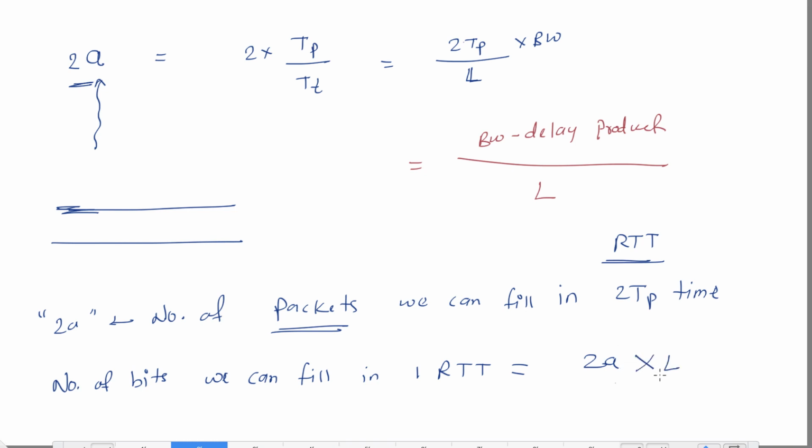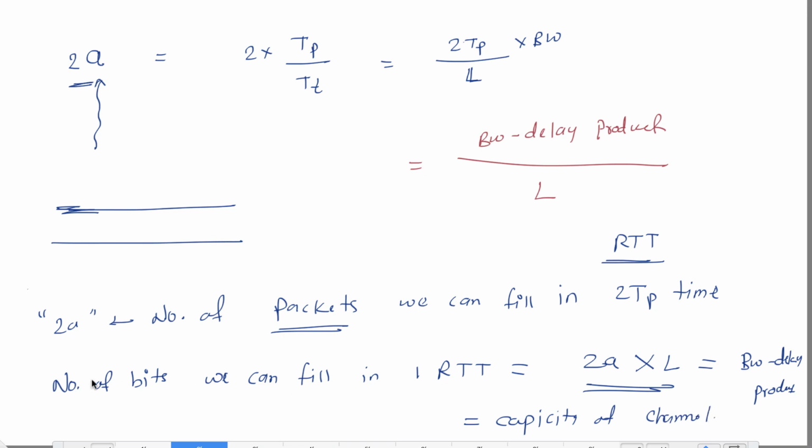You have L bits, right? Because packet length is L bits. So the number of bits you can fill in 1 RTT is 2A into L, which is nothing but bandwidth delay product, which is also called the capacity of the channel.